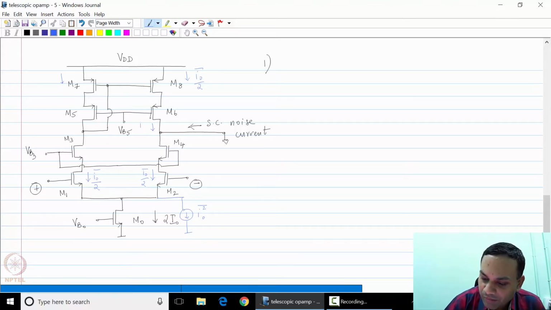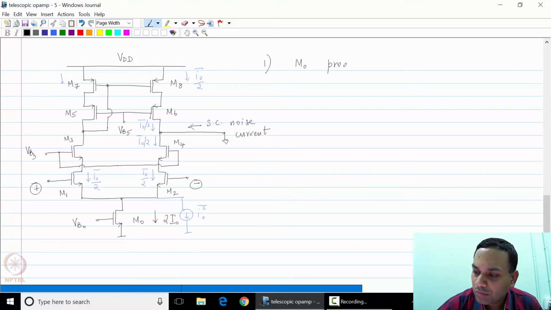So there is a current I0 by 2 entering this node, and there is a current I0 by 2 leaving this node. So M0 produces no noise at the output.